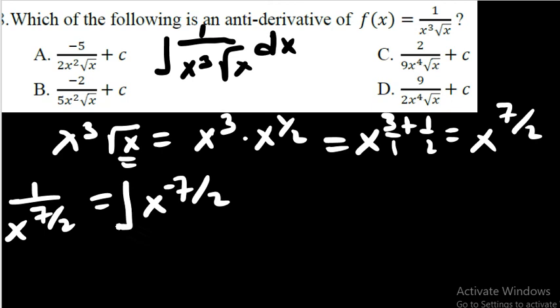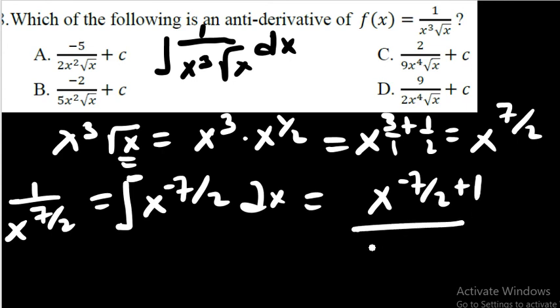That means I'm going to integrate this. This is what I'm looking for. When you integrate this, what will happen? X to the power of negative 7 over 2, 1 will be added to it, and then that will be the denominator. Negative 7 over 2 plus 1 will be the denominator. So when you add it, negative 7 plus 2, which is negative 5 over 2.